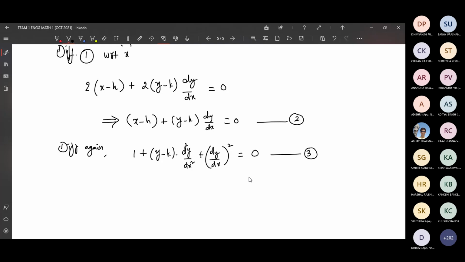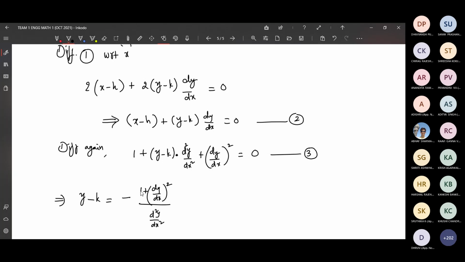Of course, this can be simplified. I will write y minus k, especially what it is. Since y minus k is multiplying with the second order term d square y by dx square, the rest of the terms you take to the right-hand side, therefore you will get minus 1 plus dy by dx whole square, divided by d square y by dx square.